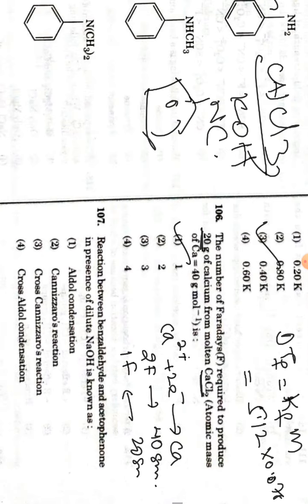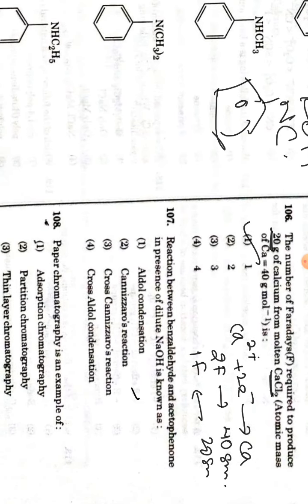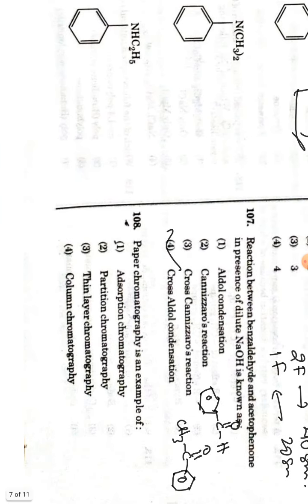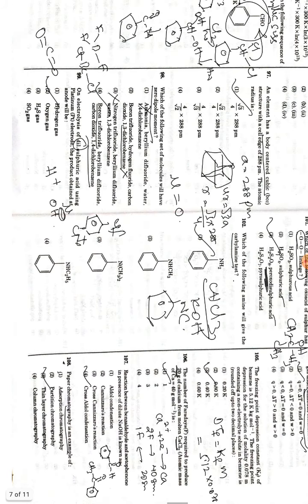So the answer will be 1. Reaction between benzaldehyde and acetophenone. One is having alpha hydrogen and one is not having alpha hydrogen. So the reaction is cross aldol condensation. Paper chromatography is a direct question, that is an example of thin layer chromatography.